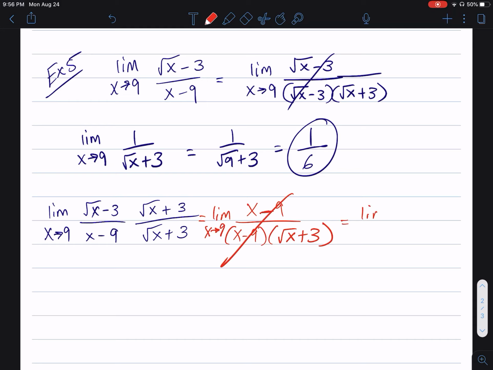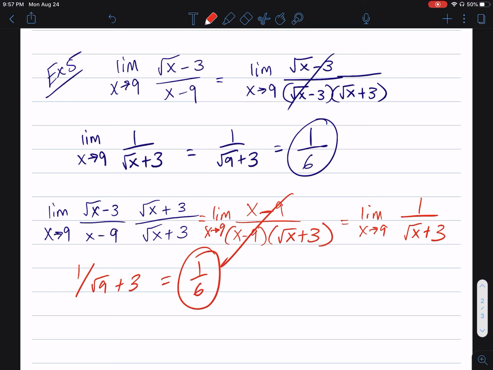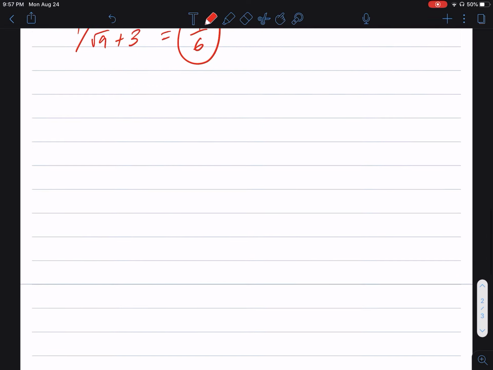So limit as x approaches 9 of 1 over the square root of x plus 3. Then we can direct substitute, and we'll get the same answer. So kind of two ways you can do that one.